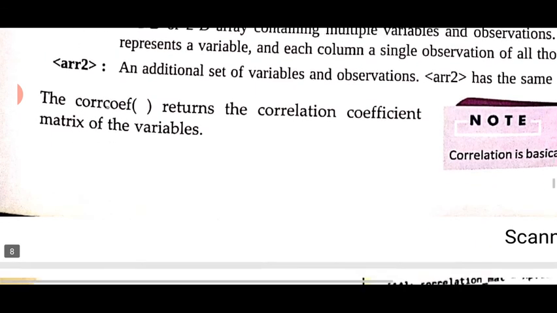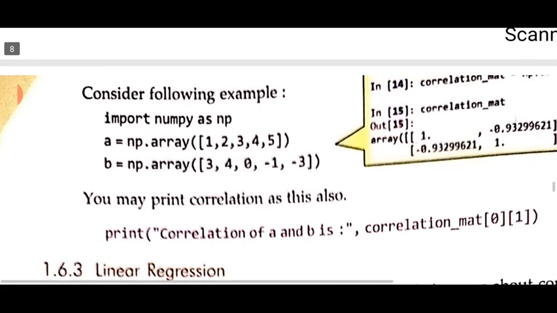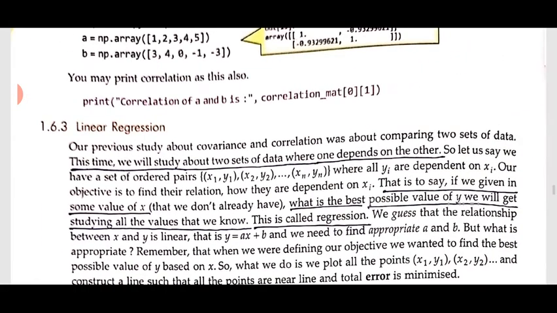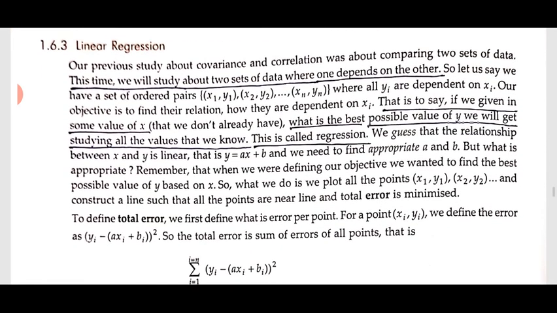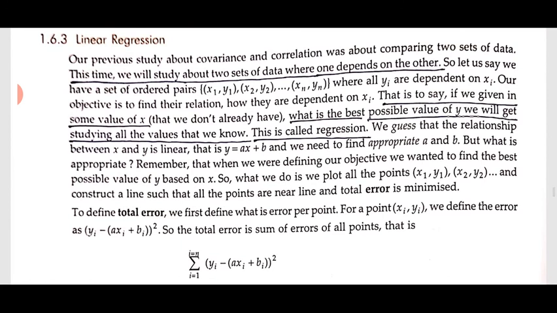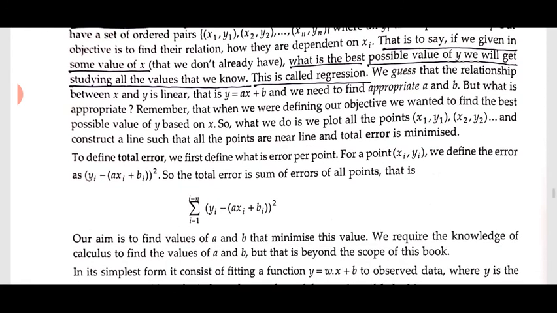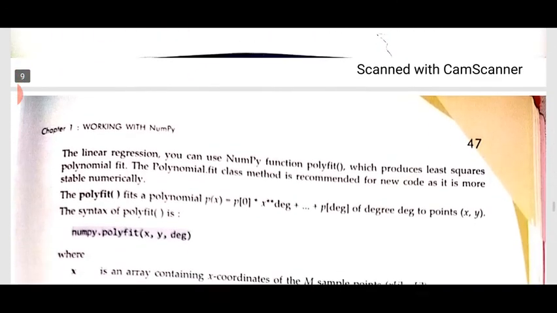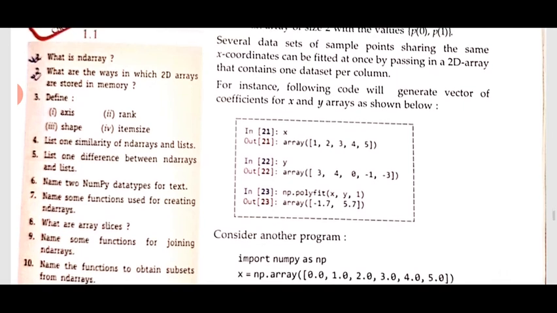And the third statistical function is linear regression. This also belongs to mathematics. So what function are we using to calculate linear regression? For that we have the polyfit function.